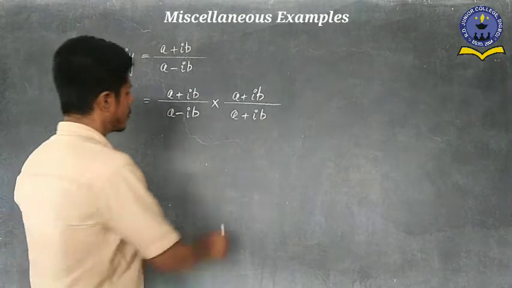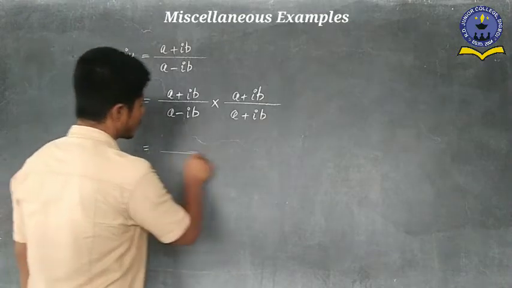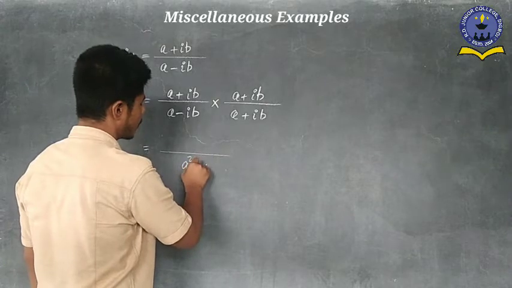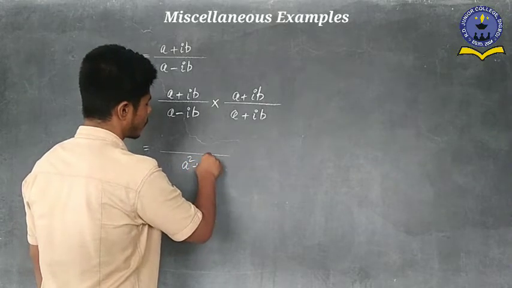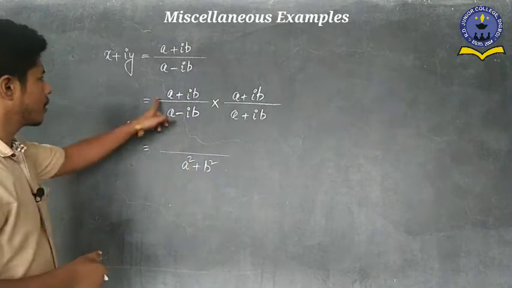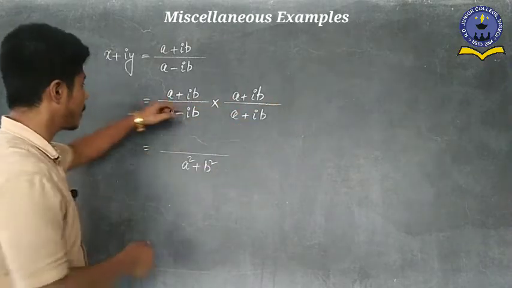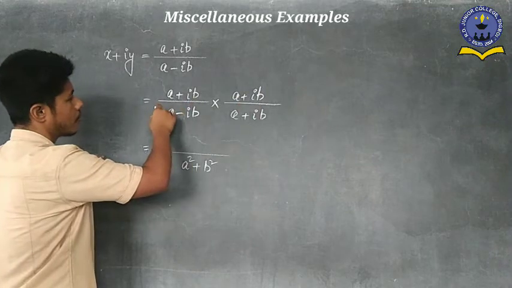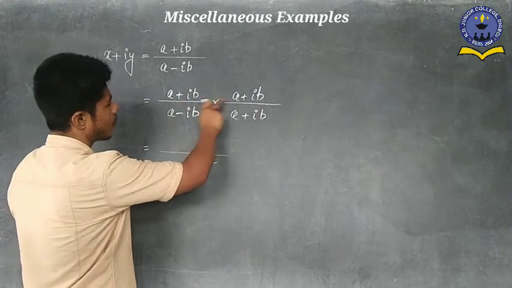Isn't it? So now after multiplying by their conjugates, a plus ib into a minus ib, we directly write a square plus b square. Now in this case, if we multiply this a with this whole result, we can write a plus ib whole square.